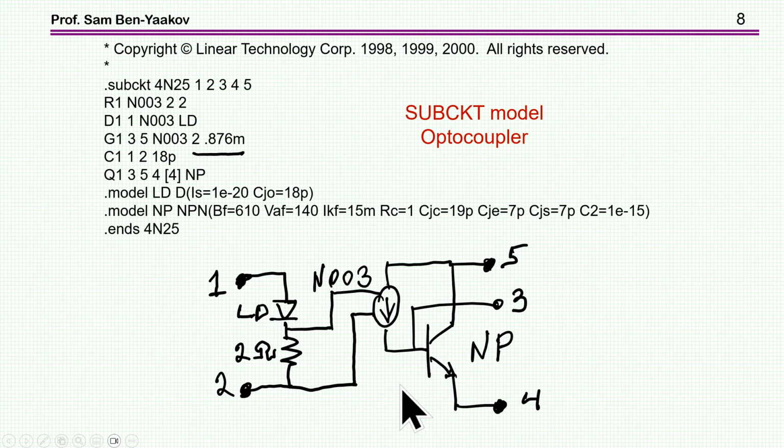So this is actually an emulation of a real optocoupler with this specific behavior of the 4N25, and here is actually the gain of the voltage controlled current source. So this is the idea of the subcircuit.